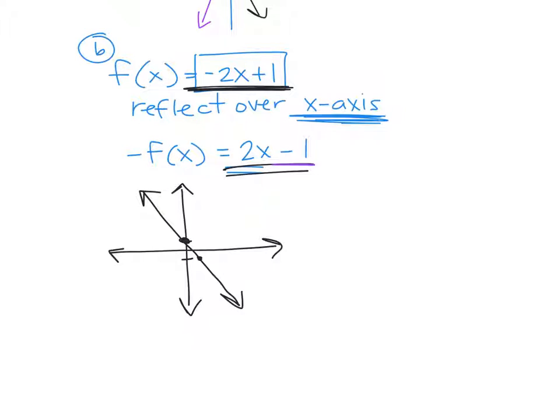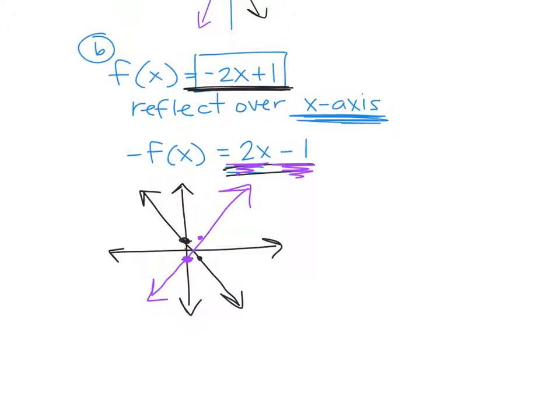You have a negative 1 for your y-intercept, which means you're going to go down 1. And then your slope now is a positive 2. So you're going to go up 2 over 1 and draw that line in. Okay, so that's a reflection over the x-axis. Does that make sense? Yes, it does.